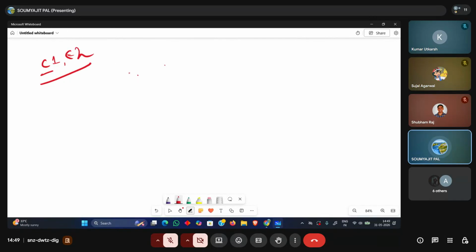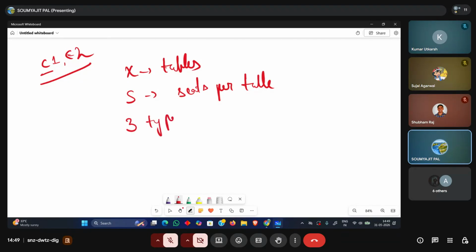So there are X tables, there are S seats per table, and there are three types of persons. They are mainly one, introvert.